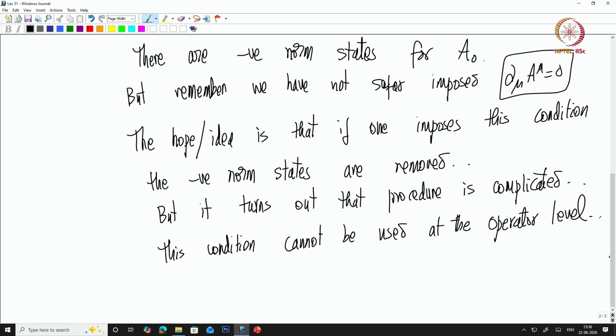Why? Because if you impose this condition directly at the operator level, then the equal time commutation relations are no longer valid.